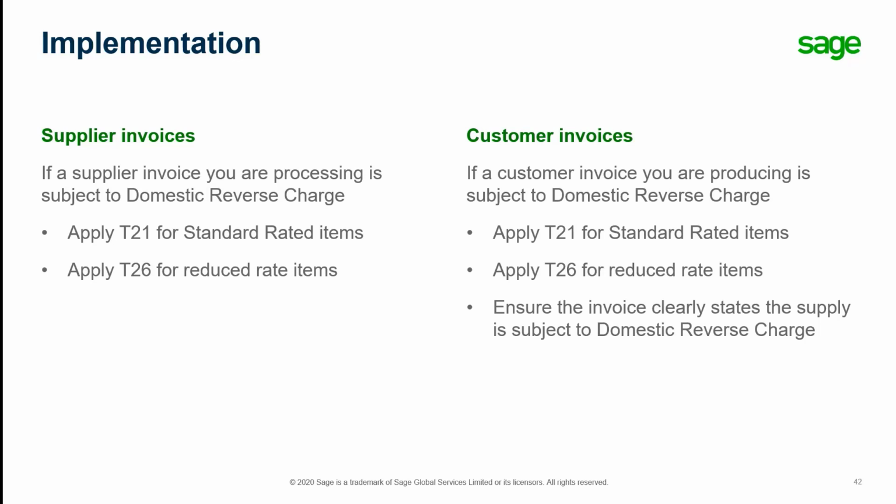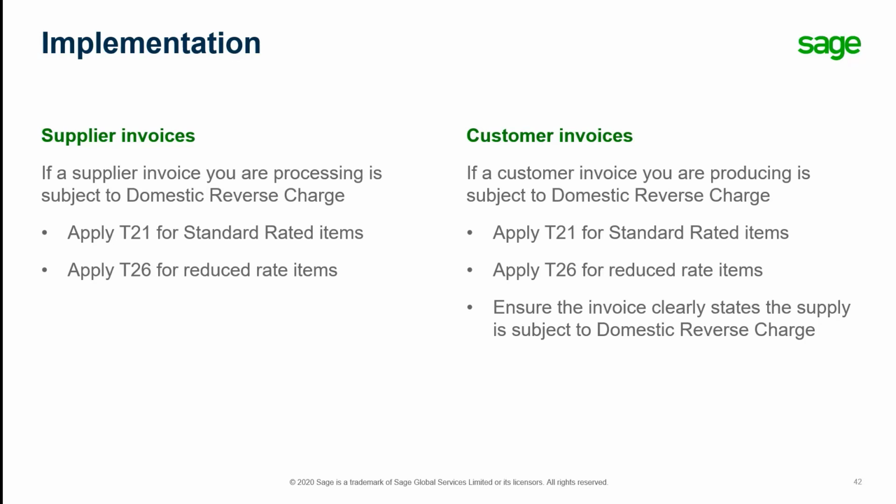For your supplier invoices, if you're processing a transaction and it is subject to reverse charge, remember by default T21 is used for your standard rated items and T26 for reduced rated items. By using these tax codes, the VAT return will be impacted correctly for you. Remember, if these codes are already in use, the next available codes will be used instead.